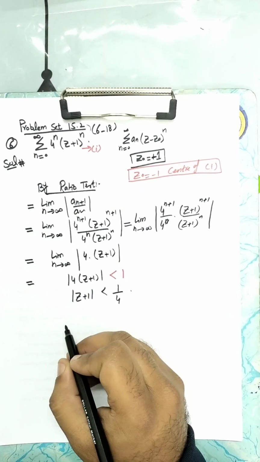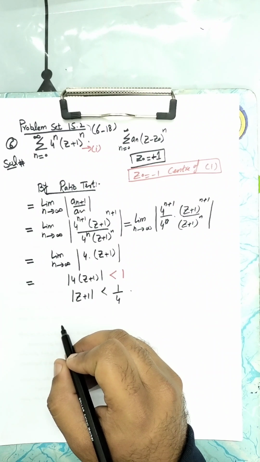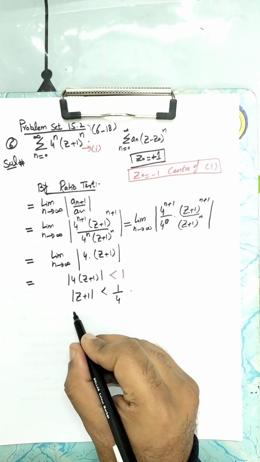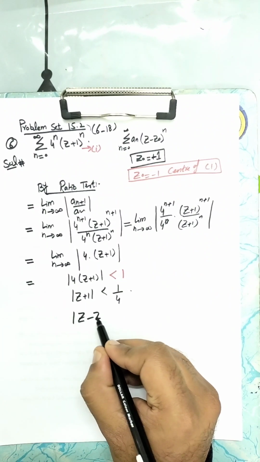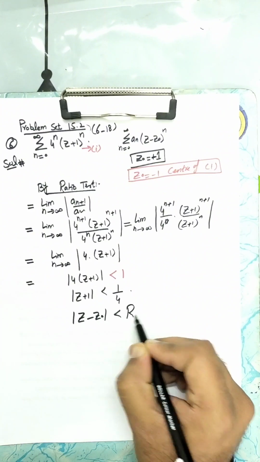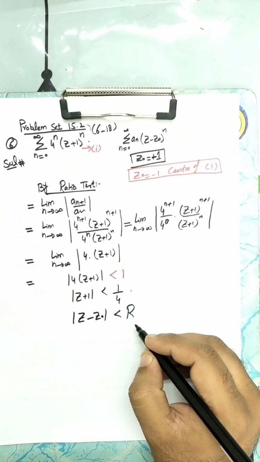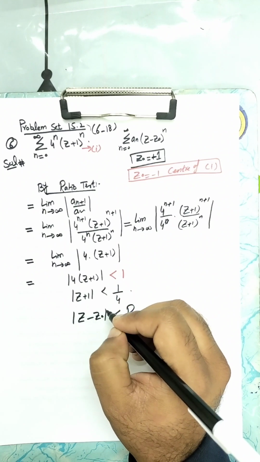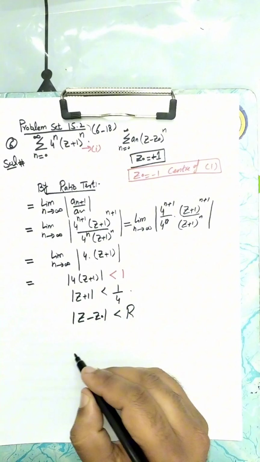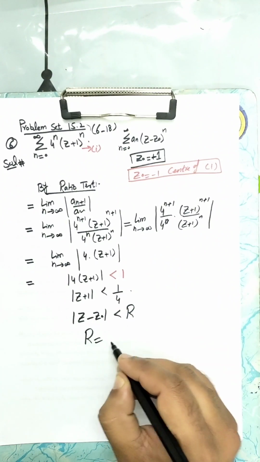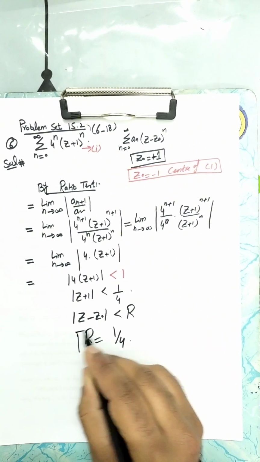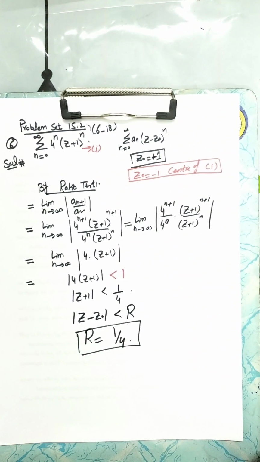Comparing this with the general definition of radius of convergence, z minus z naught less than r, r is the radius of convergence. Here z naught is minus 1 and r is 1 by 4. So the radius of convergence is 1 by 4.